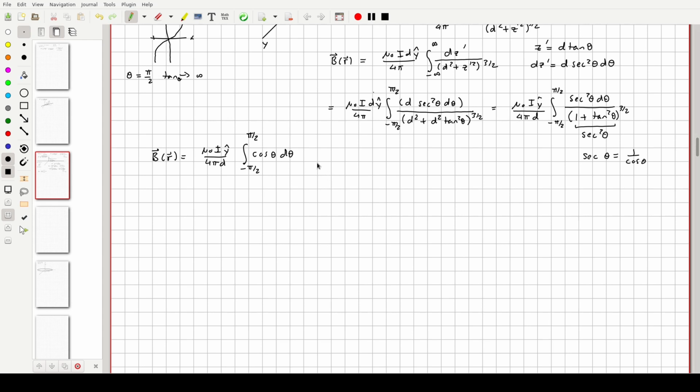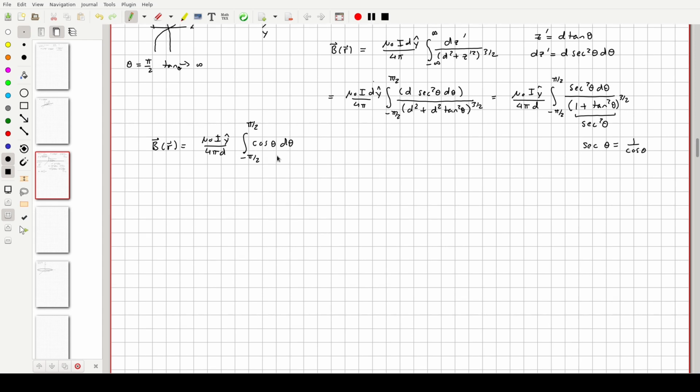Now, the derivative of sine is cosine, so the integral of cosine is sine. So when you do this integral right here, this is mu naught I times y hat over 4 pi d times sine of theta evaluated from minus pi over 2 to pi over 2.